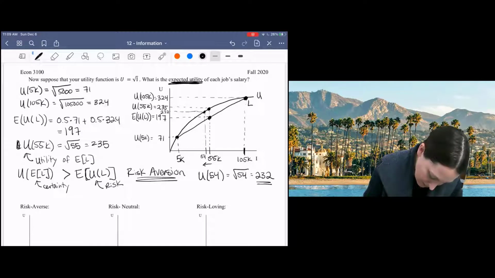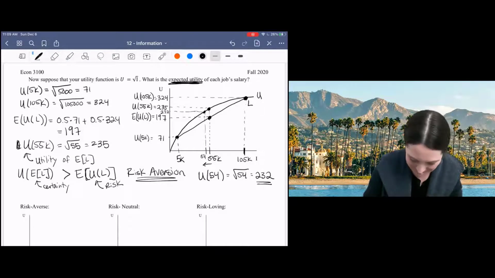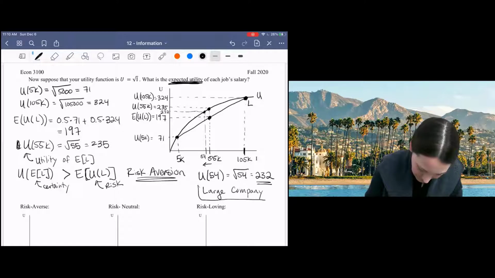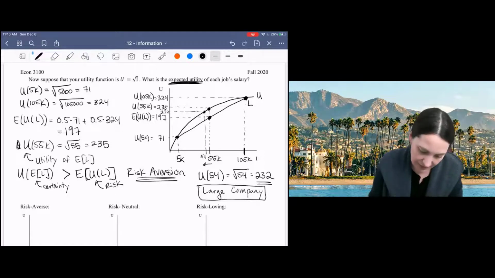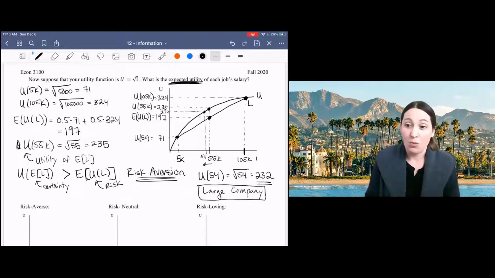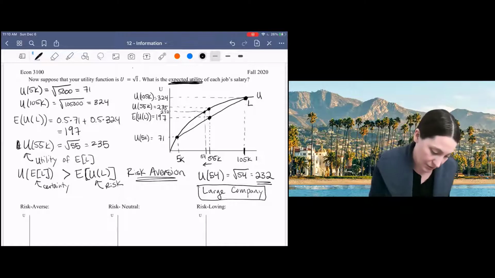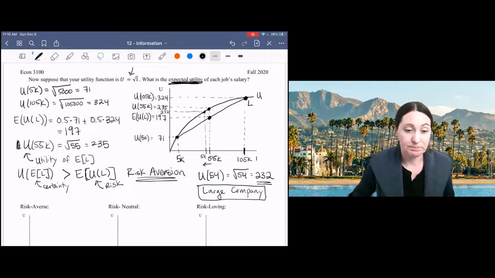So here we prefer the desk job, the large company. That would be the answer in this situation where we have this particular utility function.